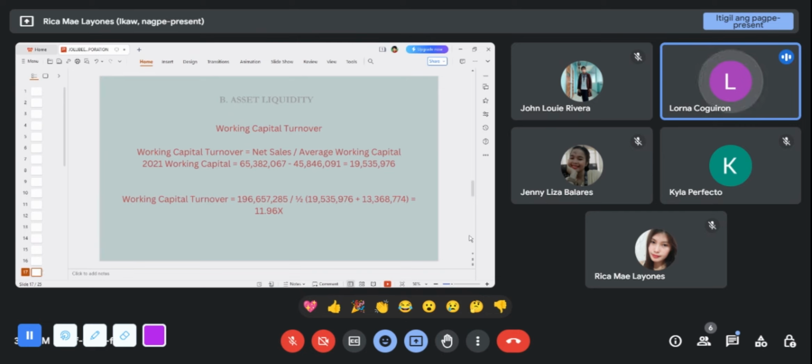Working capital turnover: net sales 65,382,067 divided by average working capital 45,846,091.